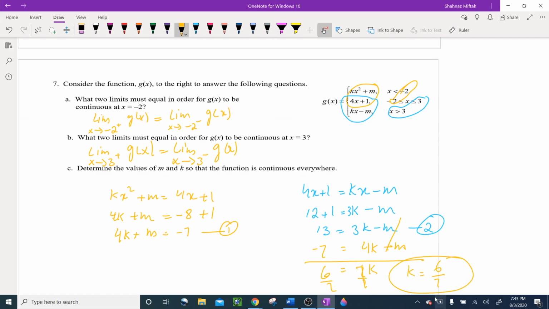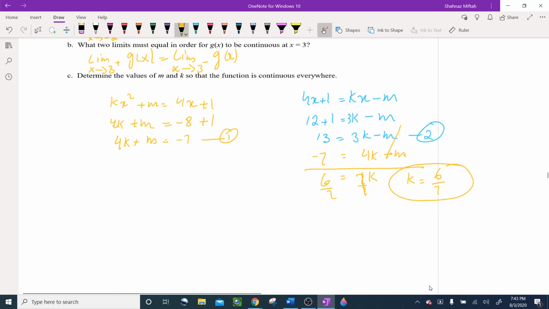Done. Now let's figure it out. Plug in this k in one of these equations, either equation 1 or 2, and find out. So I'm going to plug it in here. K equal 4 times 6 over 7 plus m equal negative 7. So 6 times 4 is 24 over 7 plus m equal negative 7. You subtract 24/7 both sides, and m is equal.